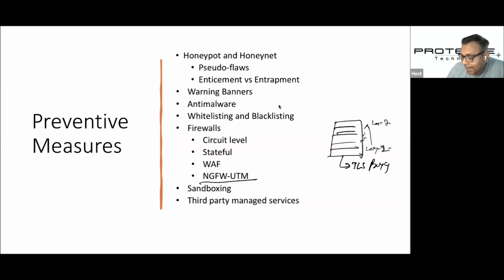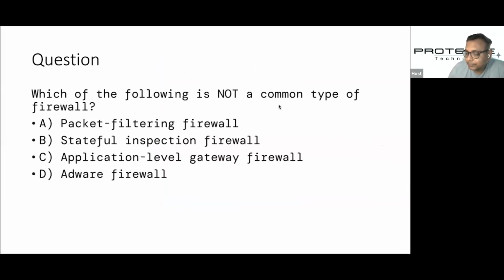That means they can do decryption and look inside your encrypted packets and can detect any VPN attacks, including VPN insider attacks. At times attackers create a VPN to communicate your data outside. So next generation firewalls can check that also. Okay. Right.